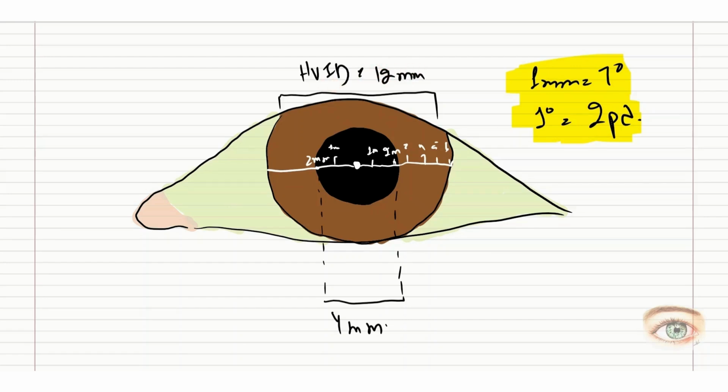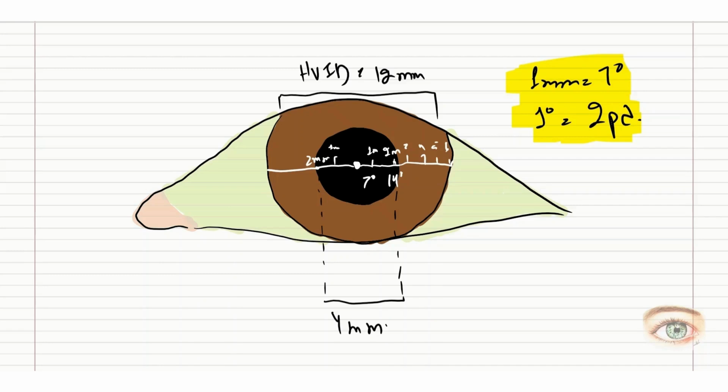Now, at 1 millimeter, we will have 7 degrees of deviation, right? And at 2 millimeters, if the reflex is placed at the edge of the pupil, then we will have 14 degrees of deviation.